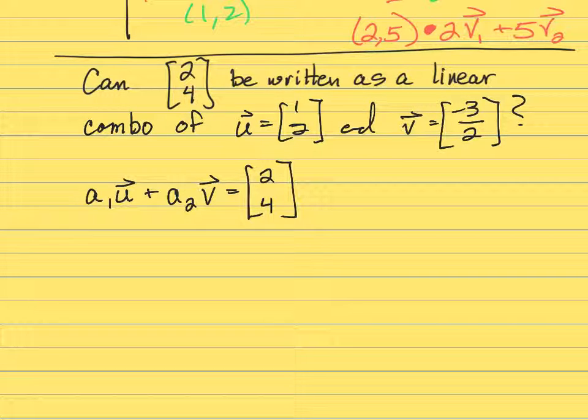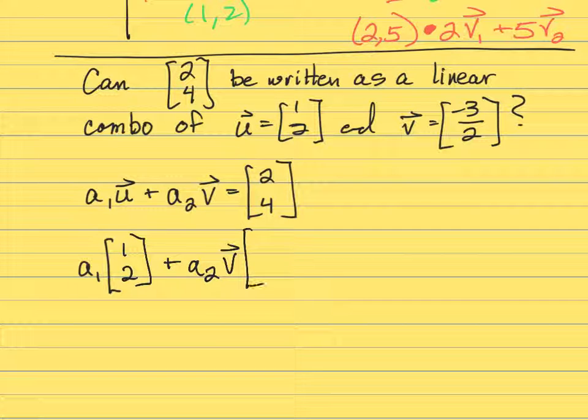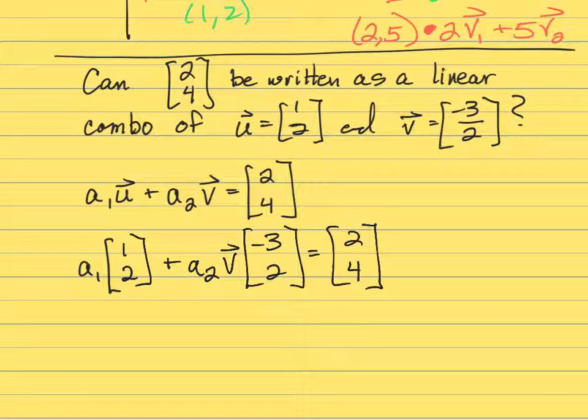When we fill in this little equation, it will look like this. We throw the U in there, we throw V in there, and we ask, is it possible for us to find those constants so that that is a true equation?